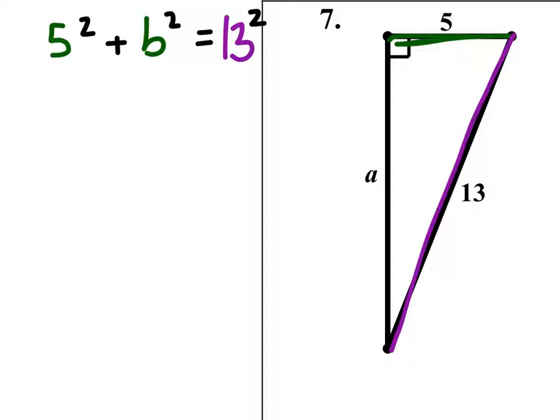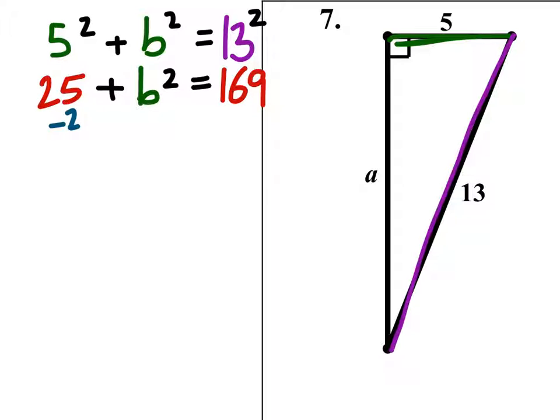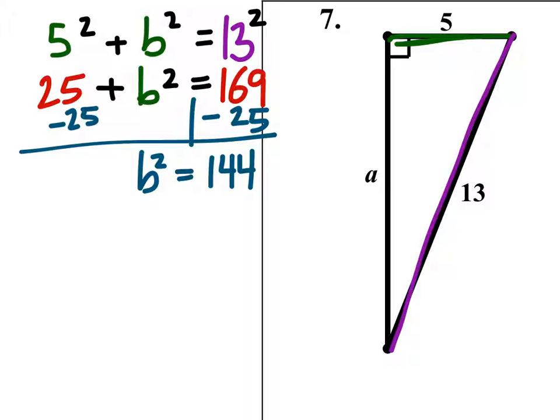So let's go and square those. 25 plus b squared equals 169. Now if I'm solving for b squared, what I need to do is subtract 25 from both sides. Now b squared is 144, but we just want b.